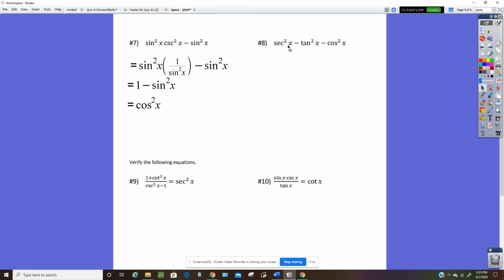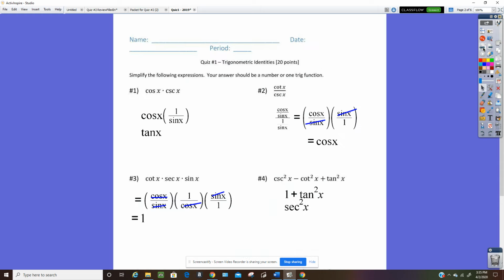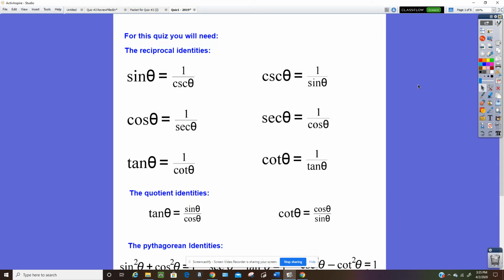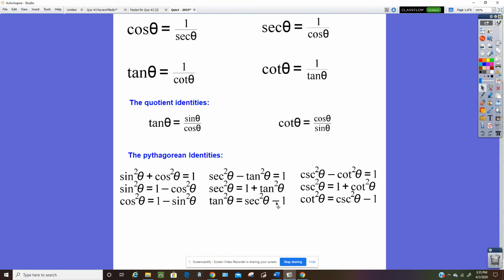So secant squared minus tangent squared is equal to 1. I don't know if I have that one written back here, but let's go down here. Yeah, I have that one written here. Secant squared minus tangent squared is equal to 1.